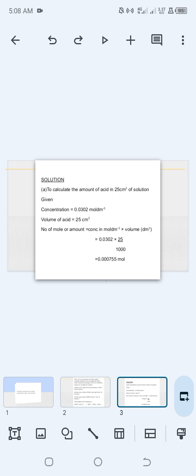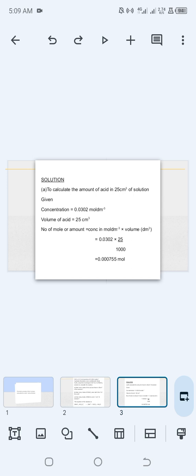The number of moles, or amount, is equal to concentration in mol/dm³ multiplied by the volume in dm³. Please note, in this place, the volume is given in cm³. You need to convert it to dm³. How?